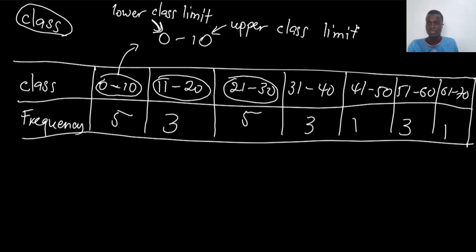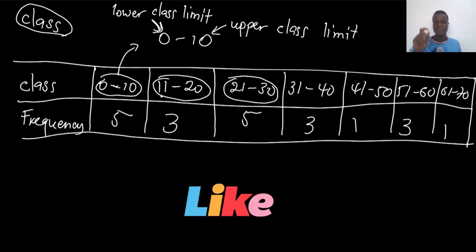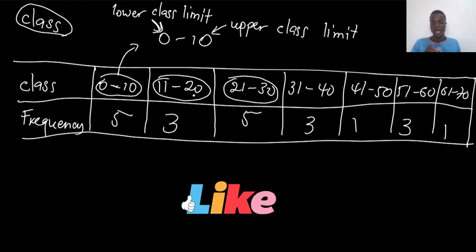As the term says, they limit the range; they define the edges of the class, 0 to 10. Then in 11 to 20, the second class, 11 is the lower class limit and 20 is the upper class limit.